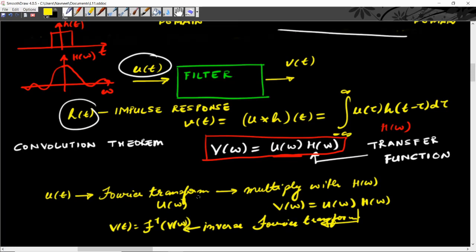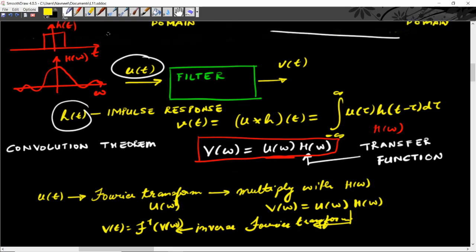Again, the idea is to modify the spectrum of the signal through multiplication with an appropriate transfer function in the frequency domain. So you can choose a transfer function which gets rid of a certain range of frequencies. They might be high frequencies or low frequencies depending upon the type of filter you want. And once you have modified the spectrum, the inverse Fourier transform gives us the output signal that has been filtered.